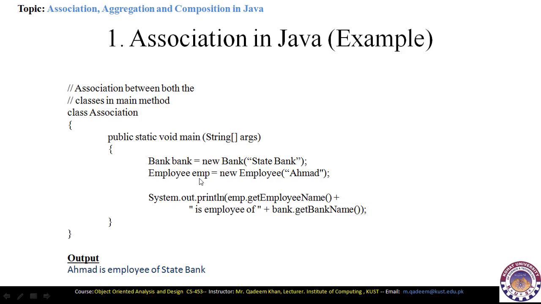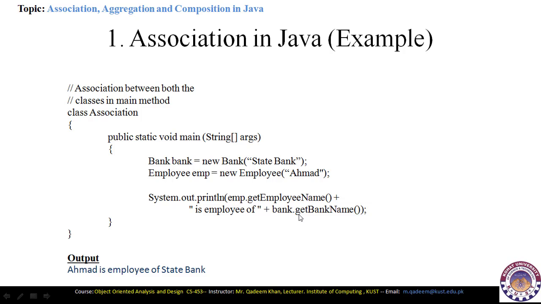Now another object has been created of the Employee class. Employee emp = new Employee, and here we have passed the name of the employee as a string. Ahmed is the name of the employee. System.out.println(emp.getEmployeeName() + " is the employee of " + bank.getBankName()). It will return the employee name and the bank name. Now here we have associated these classes with each other.